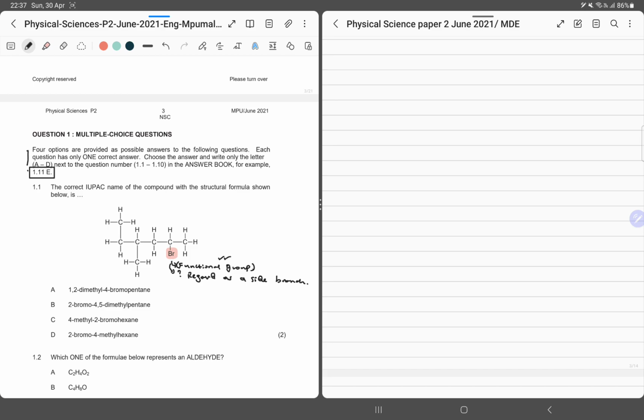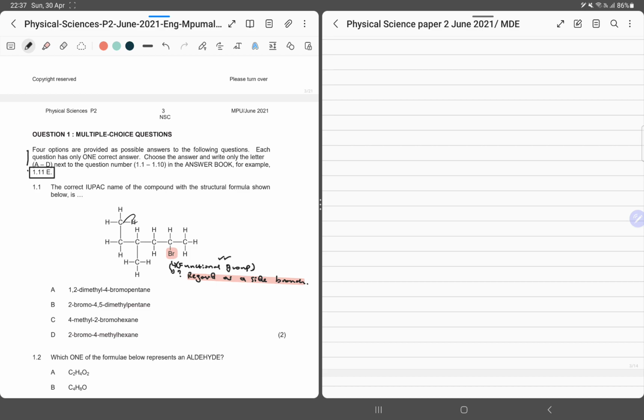And in my opinion, the functional group is to be prioritized over everything else. But yeah, remember, whatever your teachers tell you, you stick with it even if it doesn't make sense, like this one right here. Let's have a look.